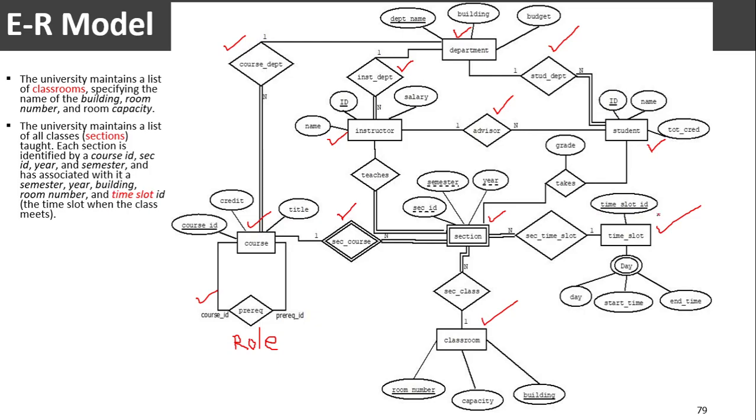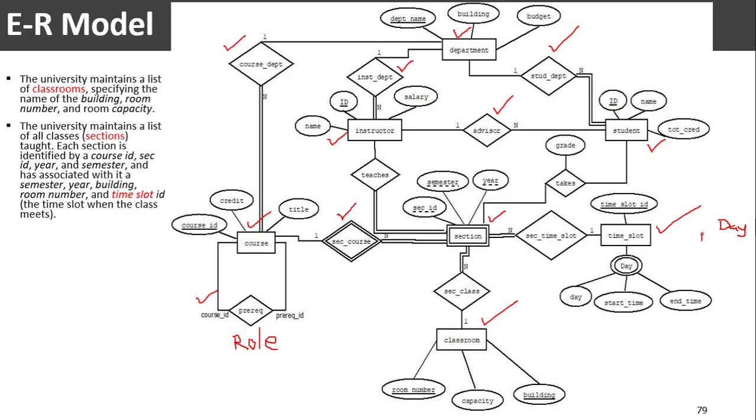So we are having the primary key of the time slot, and also we need to mention the day when that section is being taught: in which time slot, which day, date, start time, end time and all. So here for this entity set time slot, I am having time slot ID, which is my primary key.